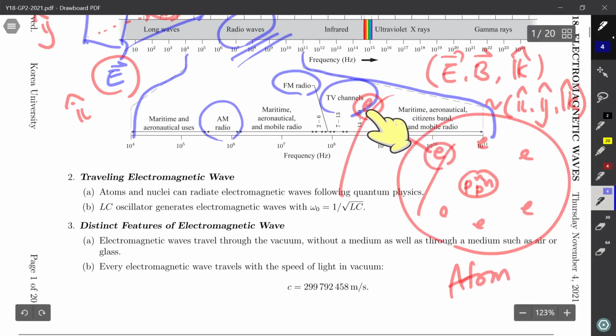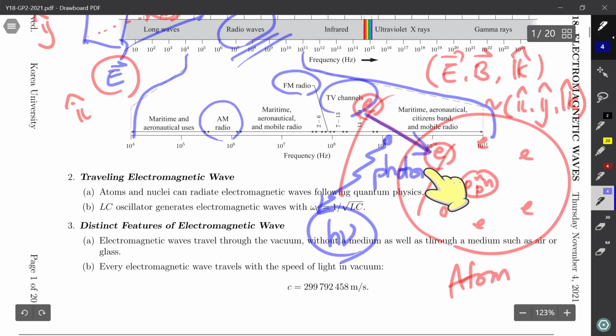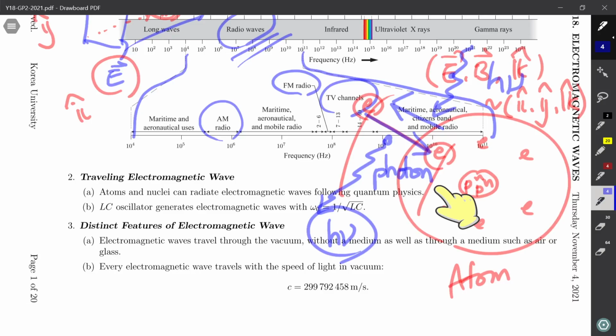During the transition, if it goes down to a lower energy state, a single photon is radiated, or if it is excited from a lower state to a higher energy state, then it accepts the electromagnetic field as a photon from outside. In this kind of way, electromagnetic wave is radiated from atoms.